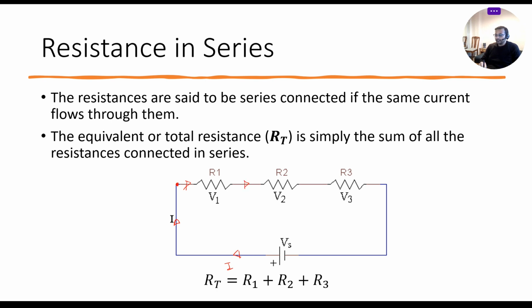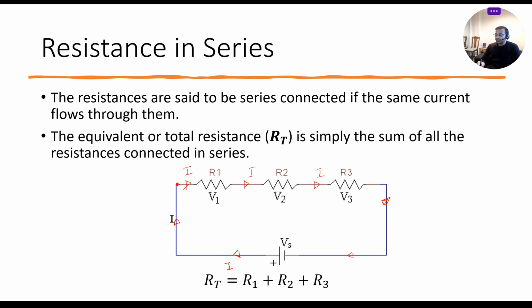So all the current will have to flow through R2 and the same way through R3, and after flowing through R3, it will return back. So the same current I flows through all the resistances. Therefore, we can say R1, R2, and R3 are all connected in series.